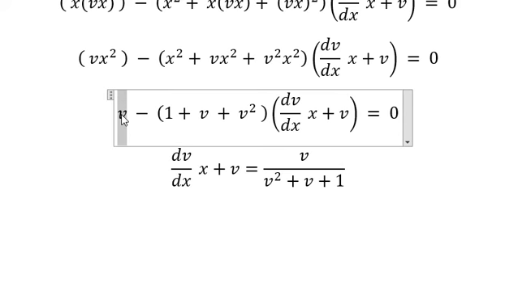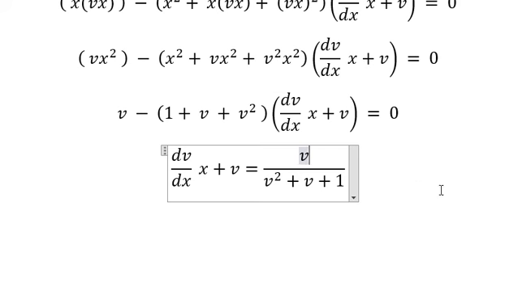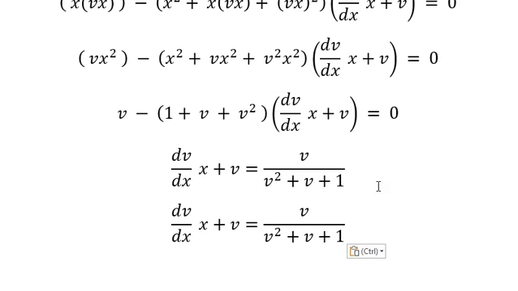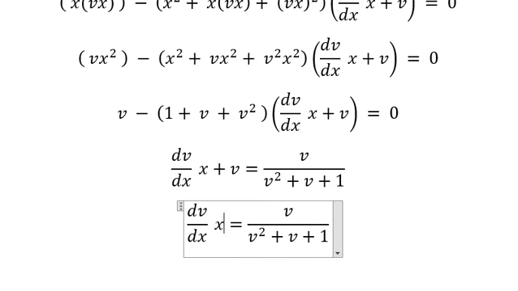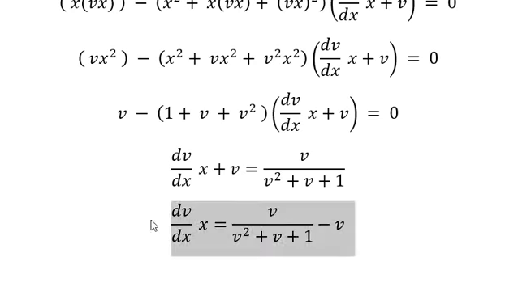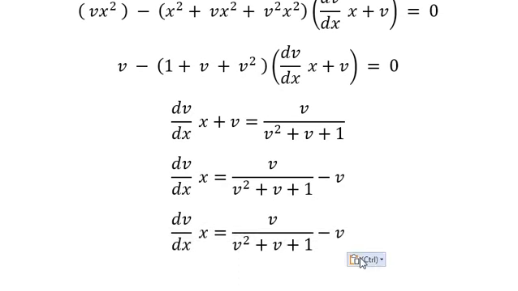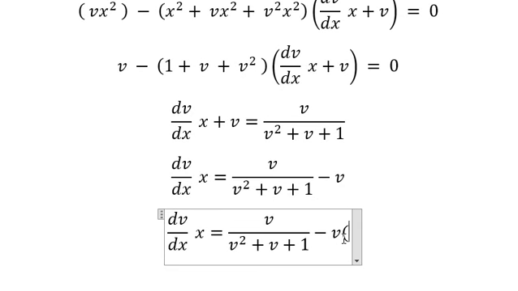Because we put this one go to the right, we have negative v, negative divided by negative, that's why we have positive. About v, I will put on the right. Next, we do common denominator.